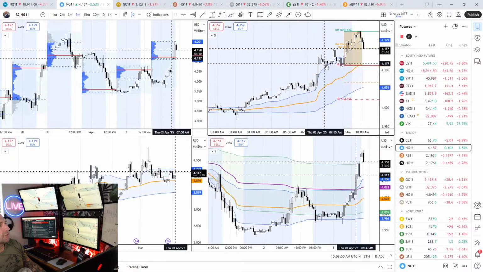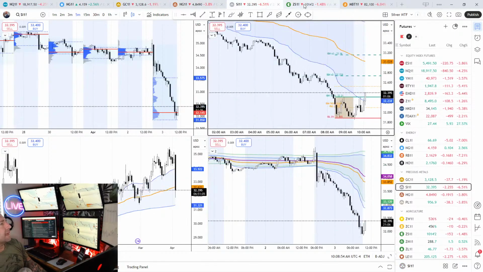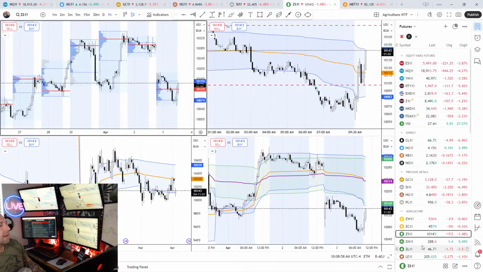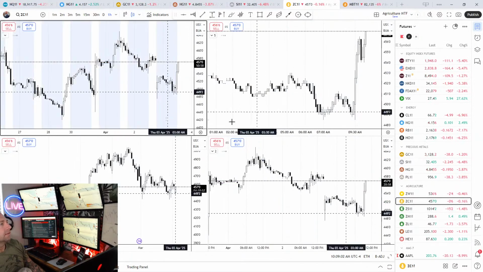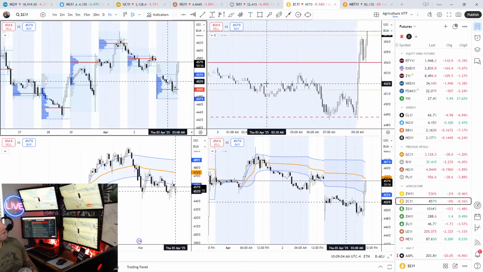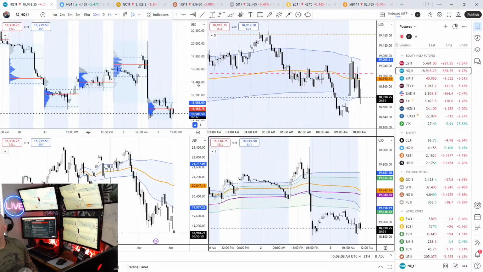I can switch between natural gas, and the initial balance just stays the same. I have pretty much a tab for each separate initial balance. And agriculture, you know, corn. Corn looks strong. Any questions on that, guys?